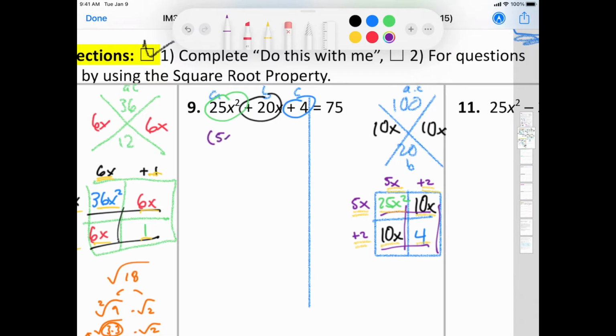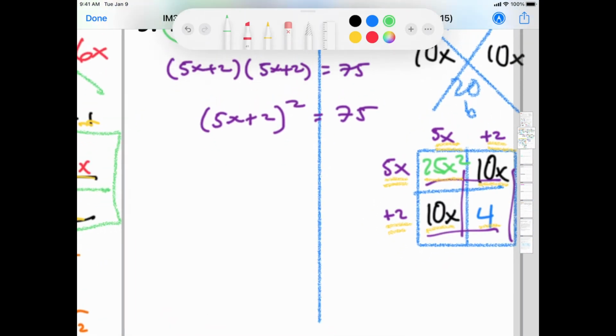So you have 2 of these, which gives us 5x plus 2 squared. The left side is now isolated, so now we can take the square root of both sides. Two, radical are gone.